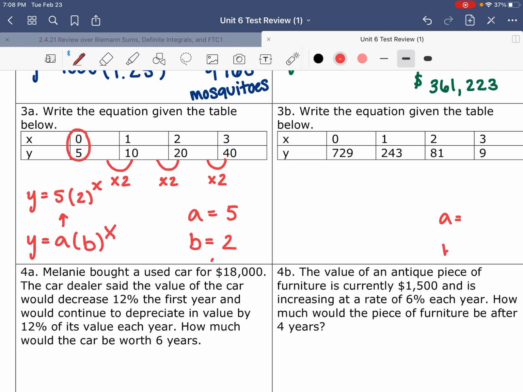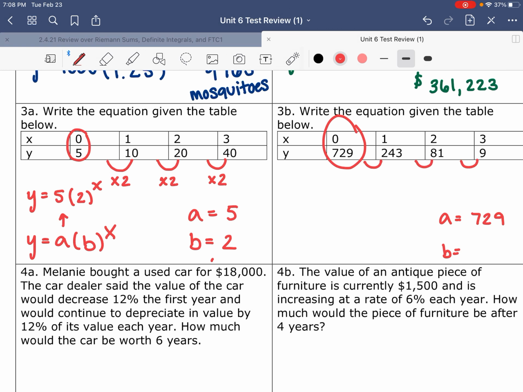All right, the next one we're going to do the same thing. So I just need to find A and B. A is going to be your initial value or your y-intercept. When x equals 0, y equals 729. So A is just 729. And then B, we need to see how much is changing for each of these.